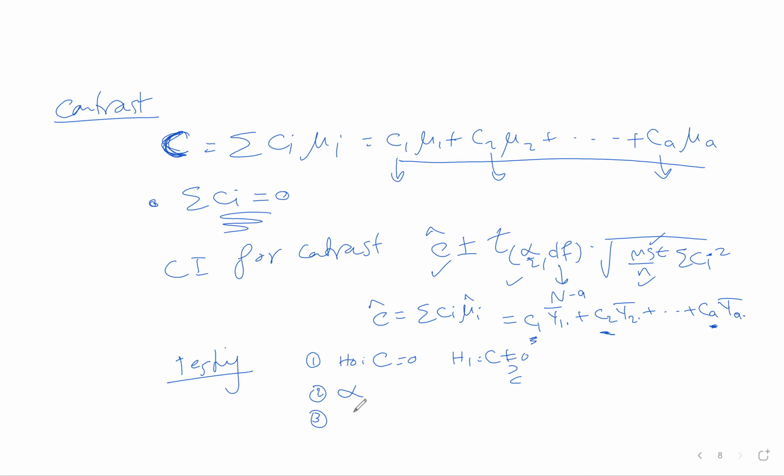The third step, you calculate T0, which is C hat, the one you calculated, minus C, which is 0 because in the null hypothesis C equals 0, it's always 0, divided by the square root of MSE divided by n times the sum of CI squared. You already calculated this one. You get the value of T0, use T0 in step number 4 to find the p-value using the applet. The last step, a decision. Done. This is the testing for the contrast and the confidence interval for contrast.